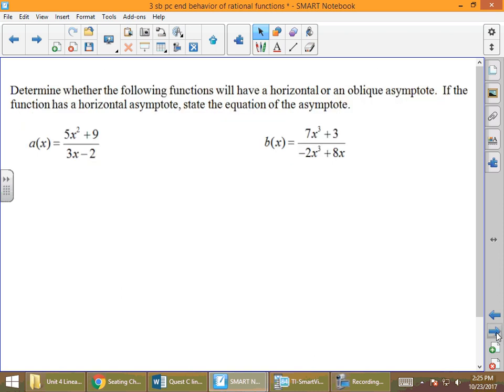So to finish here, if we look at a couple of examples, what we're looking at again are the degrees. In this first case, we have the square on top for our degree, and we have the first power on bottom. So what that means is that this problem is top heavy.